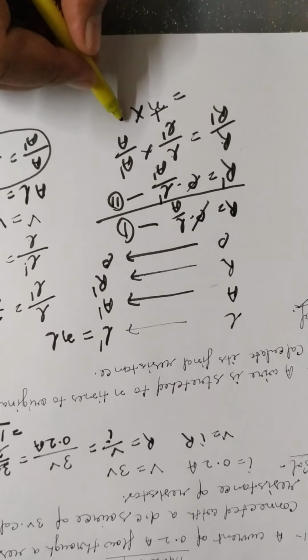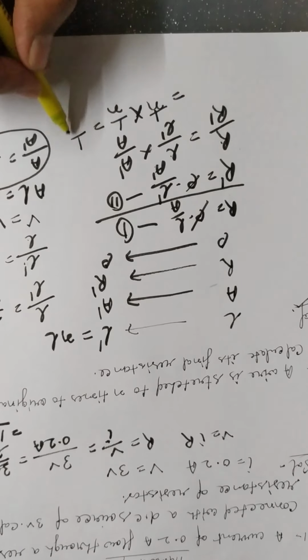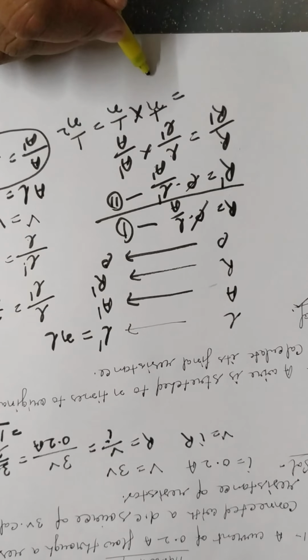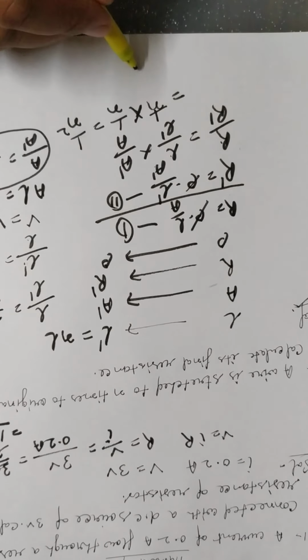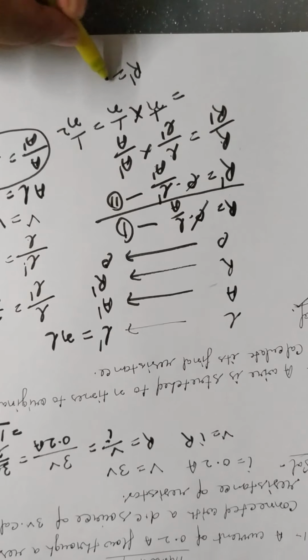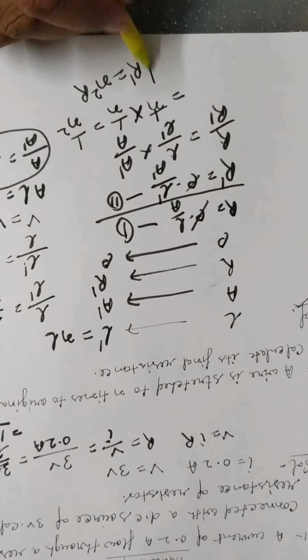And A dash by A is also 1 by n, since A by A dash is n. So the product is 1 by n square. So R by R dash equal to 1 upon n square. So R dash equal to n square R.